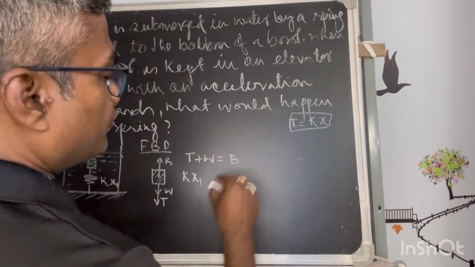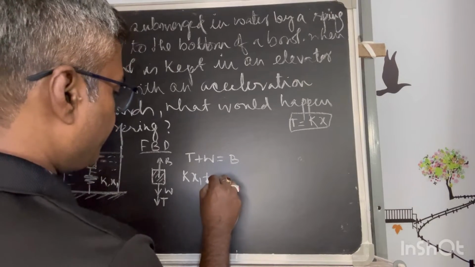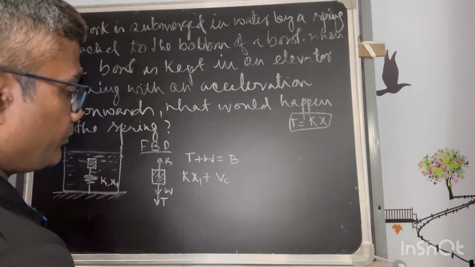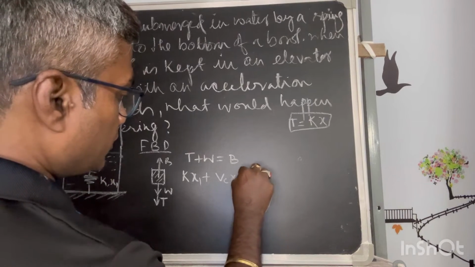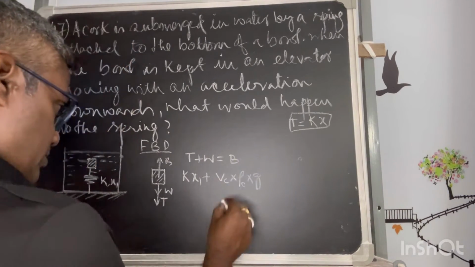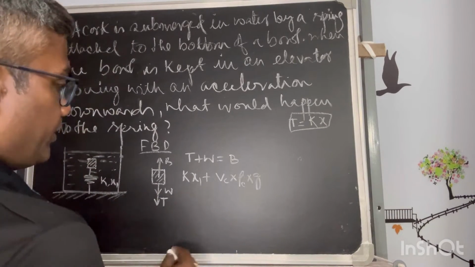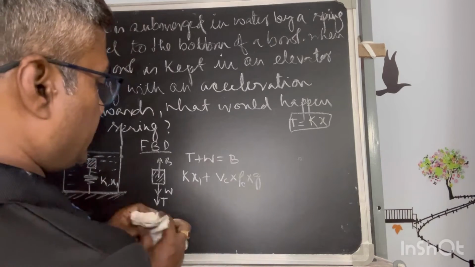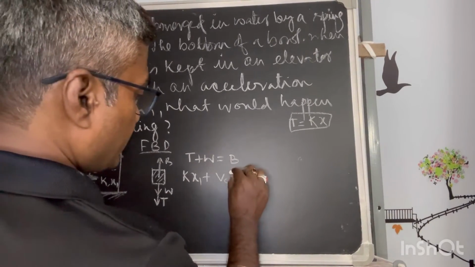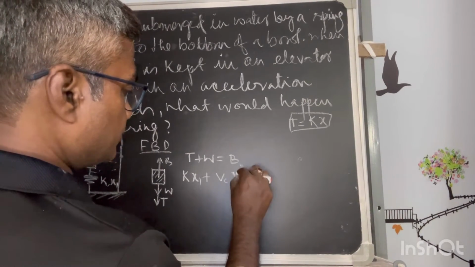This is the formula for the spring, and the weight is nothing but the volume of the cork into the rho of the cork into g, the mass into gravity. This can also be written using specific density to reduce the number of terms.